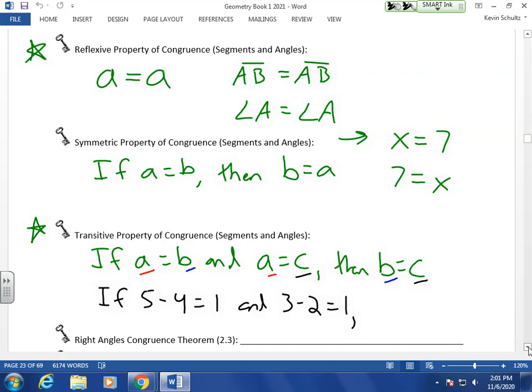So if 5 minus 4 is 1 and 3 minus 2 is 1, then 5 minus 4 equals 3 minus 2, because they both equal 1, therefore they have to be the same also. Okay, that's kind of the transitive property. Question so far? Okay.